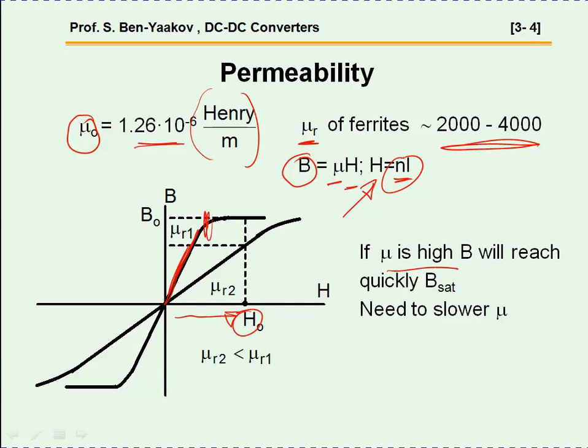On the other hand, if mu is moderate, like here, still you are in the safe zone. So there is a point in lowering the mu as the power goes on, and we'll discuss it a little bit later in detail.